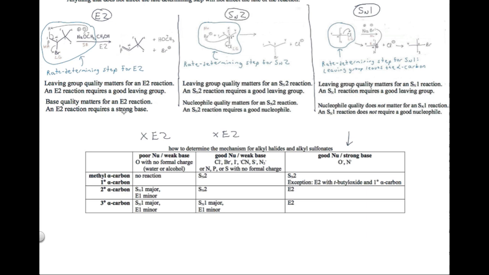E2 requires a strong base. Only the right-hand column contains strong bases, so only when we're in the right-hand column is it possible for us to have an E2 mechanism. Remember, E2 requires a strong base because the base participates in the rate-determining step for E2.